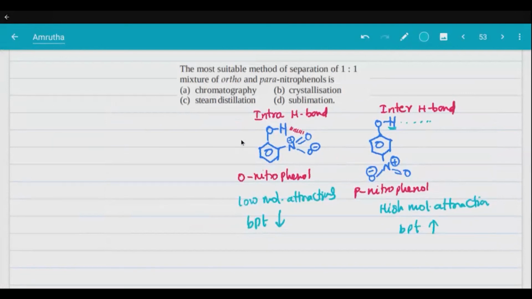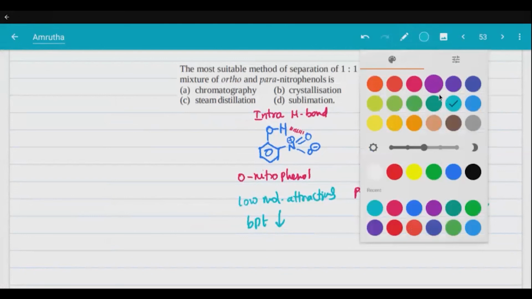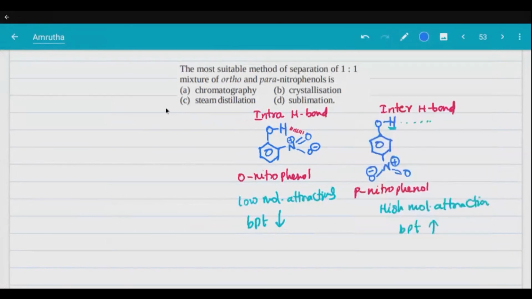Boiling point difference. Usually we use distillation, but steam distillation means we pass steam also. That steam takes away orthonitrophenol vapors. We heat the mixture which contains ortho and paranitrophenol, and steam will carry away only the ortho one.